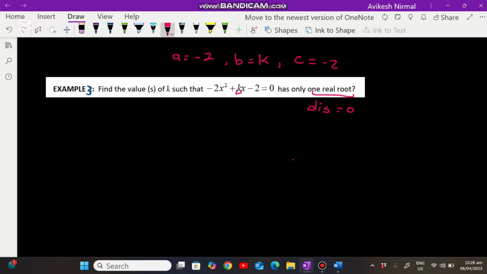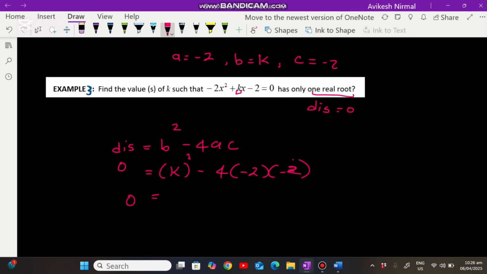So let's solve this one. Discriminant is equal to b squared minus 4ac. Discriminant here is 0. B is k, minus 4, A is 2 and C is 2.